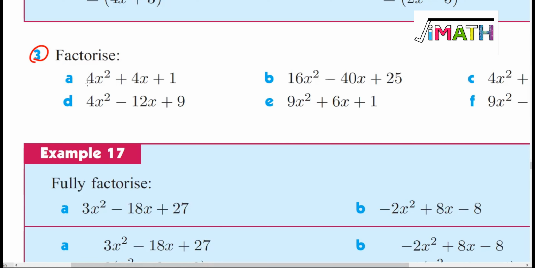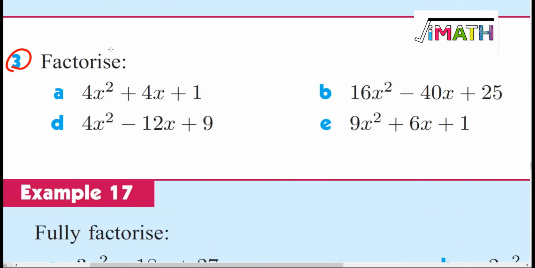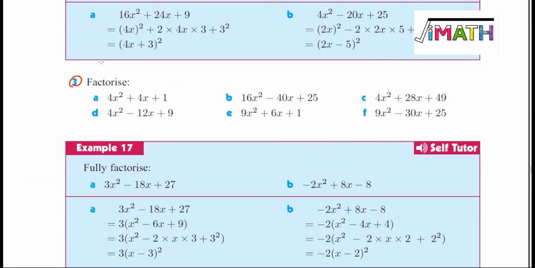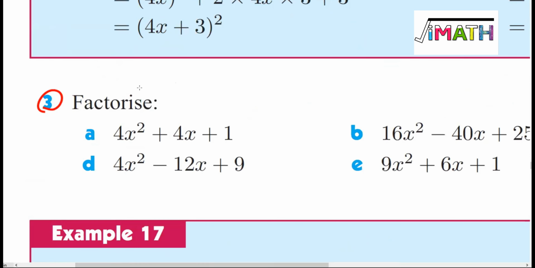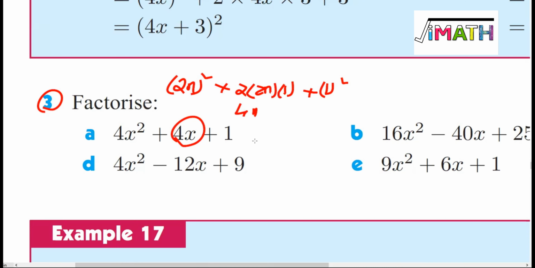So inside the bracket it would be 2x plus 1 whole squared. That's correct, but let me check if there is something wrong in this question. If we have 2x as our a and 1 as b, the middle term must be 2 times 2x times 1, which is 4x. Yes, that's correct.